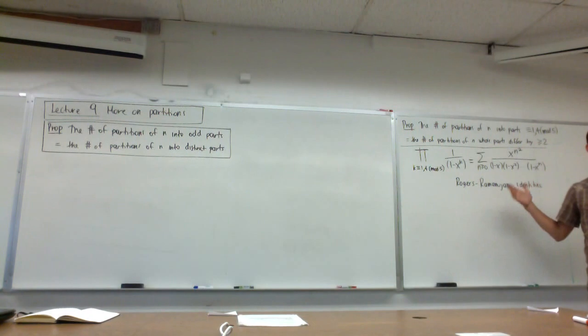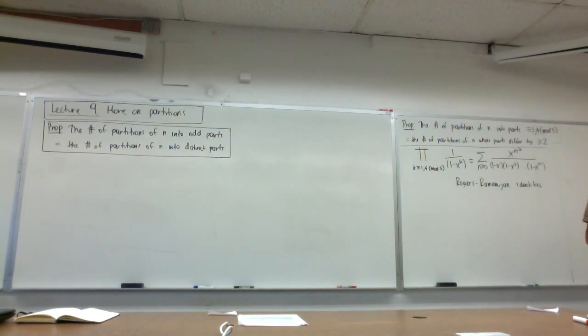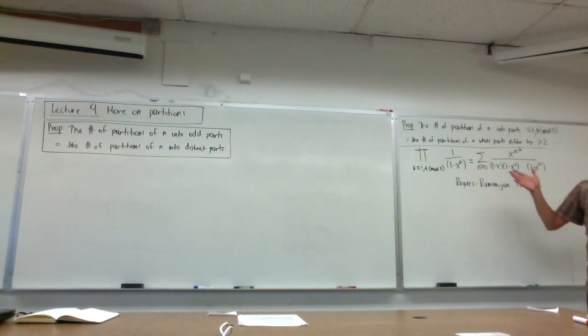You might know the story of Ramanujan, who was doing some of the most revolutionary mathematics in history on his own in India. He has an immense amount of identities, many of which have to do with partitions and things like this, and this is a good example of one of them.